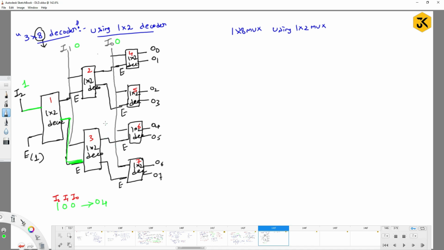If this circuit is activated, what is the respective input? 0. 0 means again the top line is going to be activated, meaning that this enable is going to be started. If you got this enable, this circuit is going to be activated. And what is the respective input? 0 means this line is going to be activated. Are you going to get the respective output or not? Right? So this is the way your decoder is going to work.